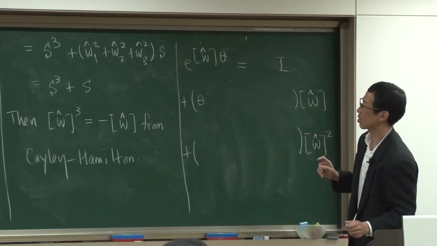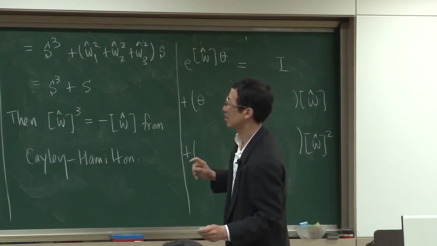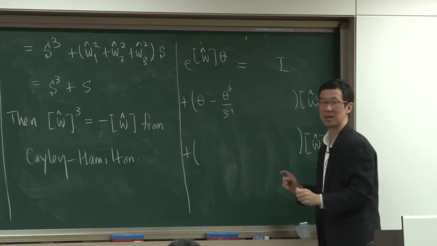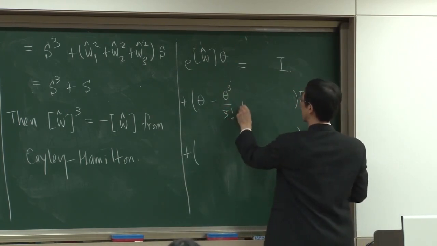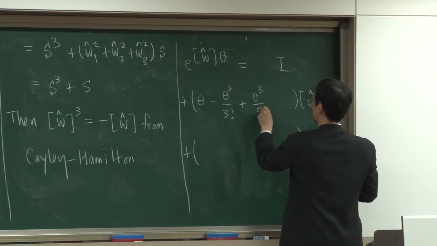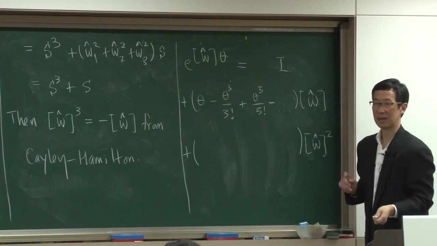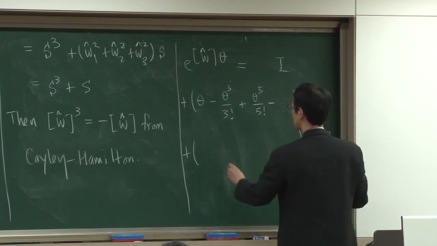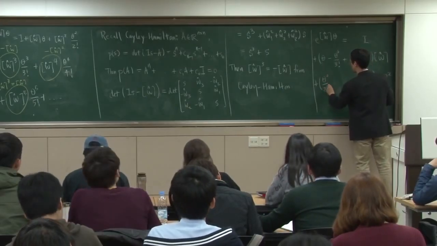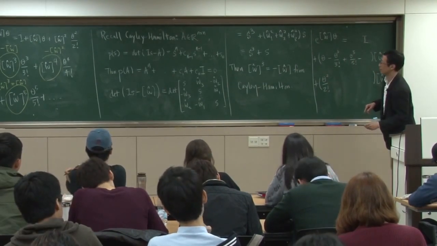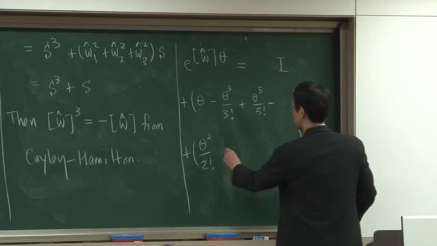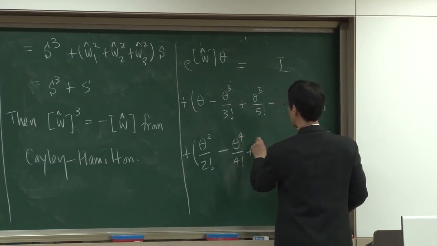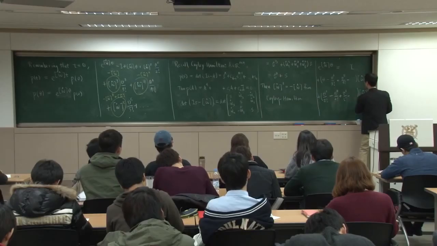And then the next omega term is minus theta cubed over 3 factorial. Next term is plus theta to the 5th over 5 factorial minus dot dot dot. Over here we have, for the first omega squared term, theta squared over 2 factorial. Next omega squared term is minus theta to the 4th over 4 factorial plus theta to the 6th over 6 factorial minus dot dot dot.